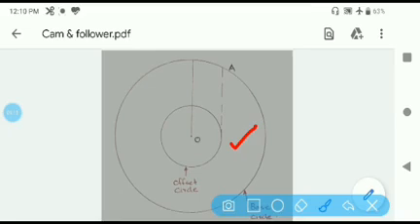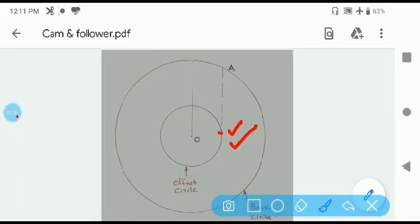After drawing the offset circle, you need to draw a vertical line from the right quadrant of the offset circle. This is the right quadrant. This is where the right quadrant will be.